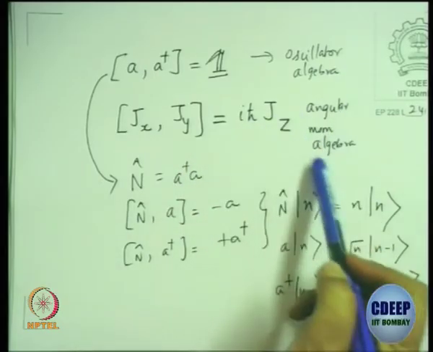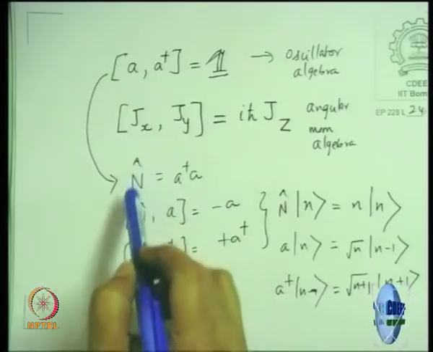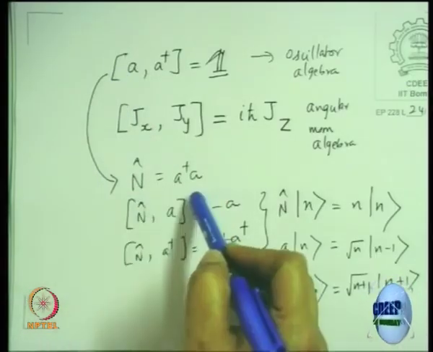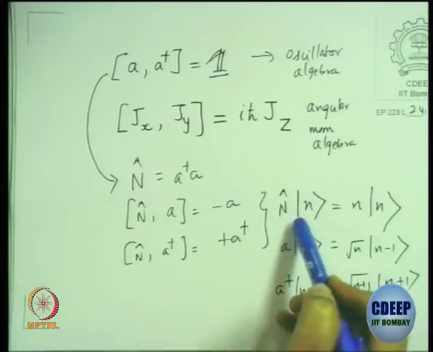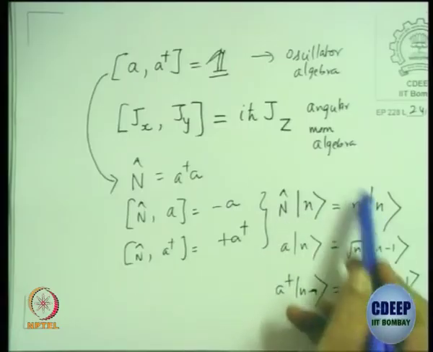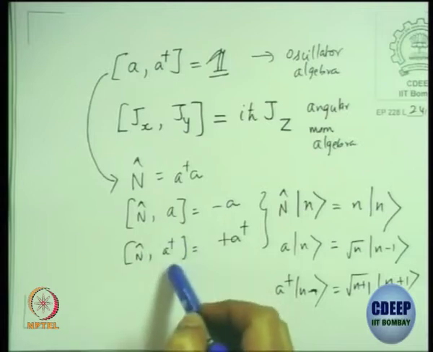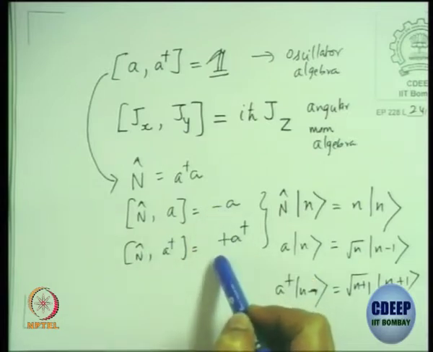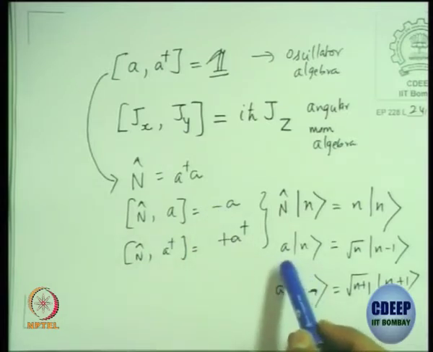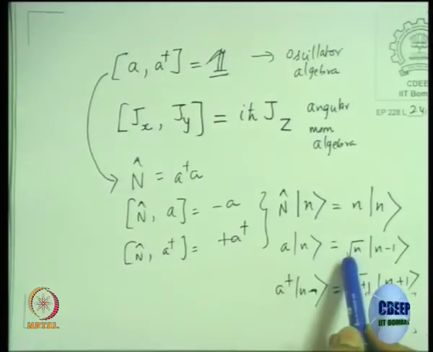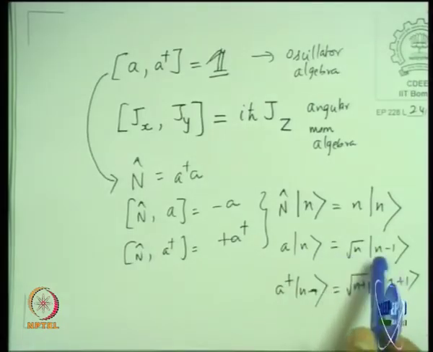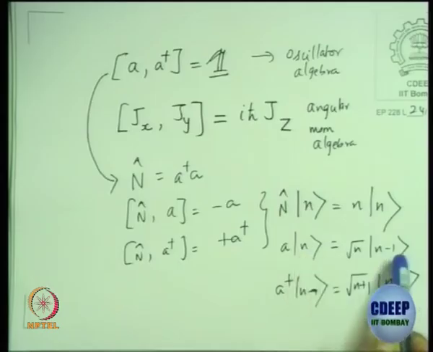This is what we will call an angular momentum algebra. So the number operator for the oscillator algebra has an eigenstate |n> with eigenvalue n, and with the number operator the two ladder operators have this commutator relation, and from this we can determine A on |n> is square root n times |n-1>. It is a lowering operator, and similarly A dagger is a raising operator.